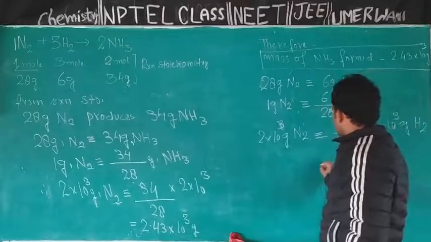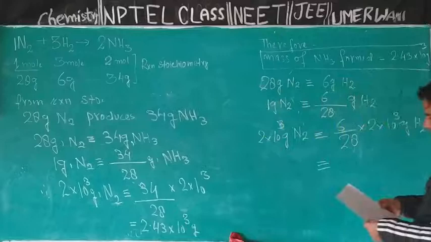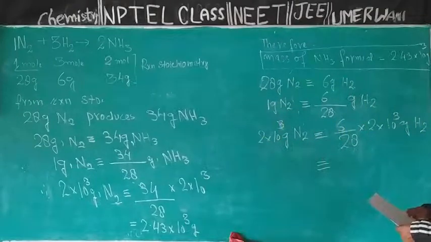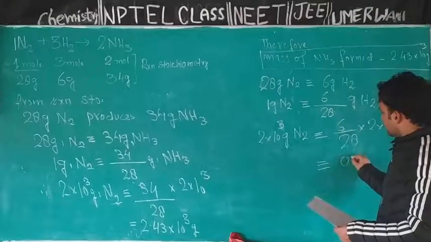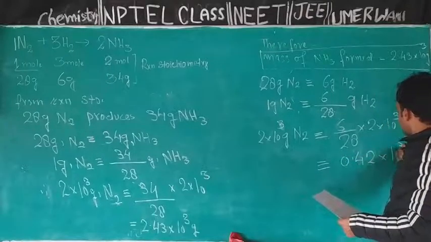I have already evaluated this value to save time, and it comes equal to 0.42 into 10 raised power 3.